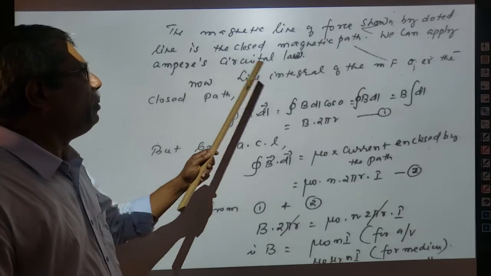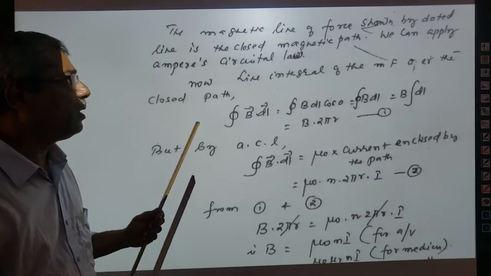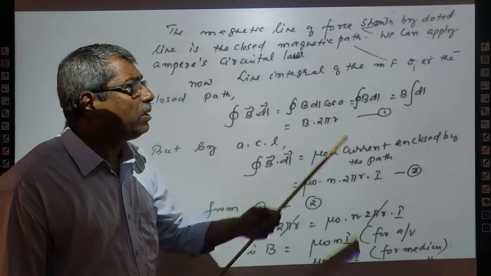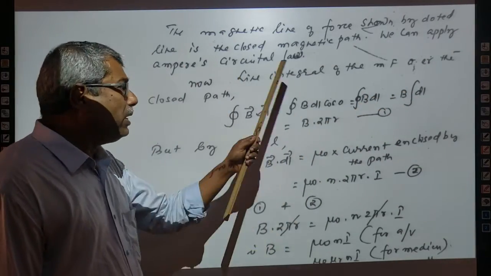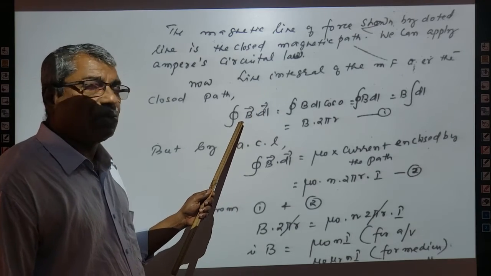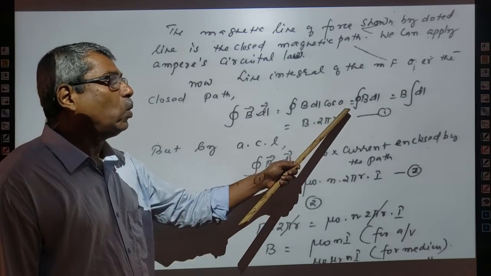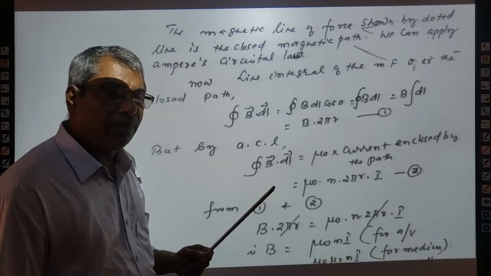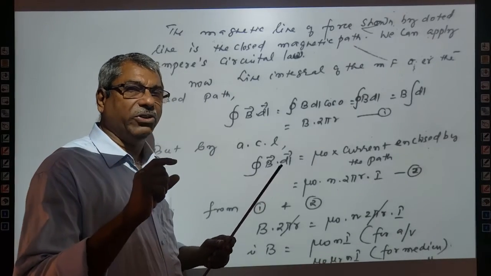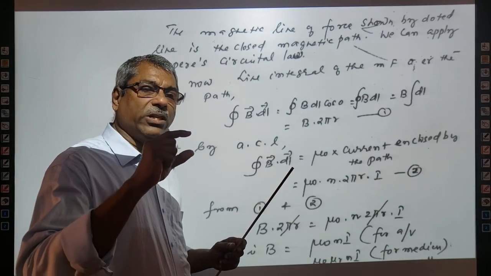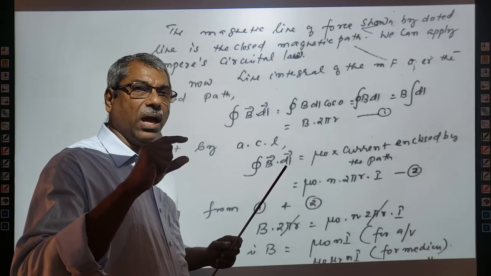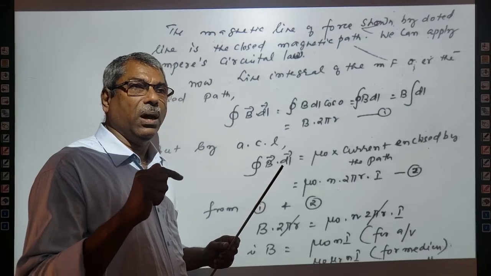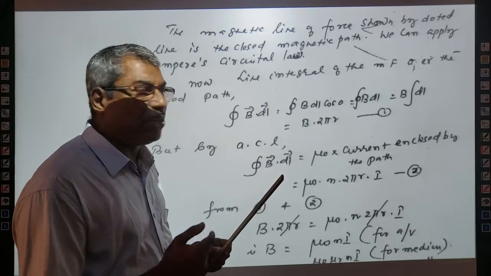We can apply Ampere's circuit law in this case also. The line integral of the magnetic field over the closed path, integral B dot dl, is equal to integral B dl cos 0. Why 0? Because vector dl is a small line at the point P where I mentioned, and the direction of B makes an angle 0, theta is equal to 0.